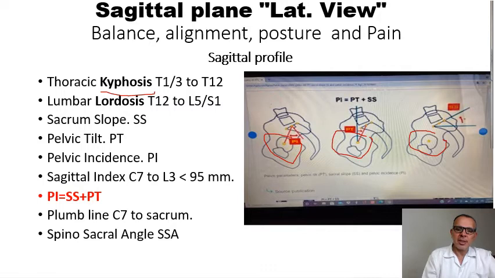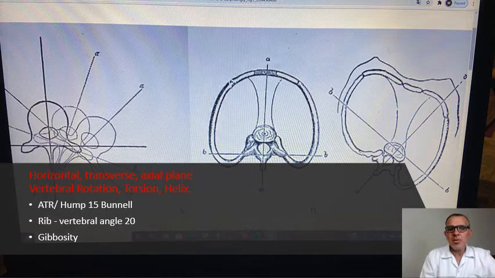I don't know if it's free or not online, but it's very simple to use to obtain your sagittal index and fill up all the equations: plumb line, C1 to C7 to sacrum, spinosacral angle, and so on.